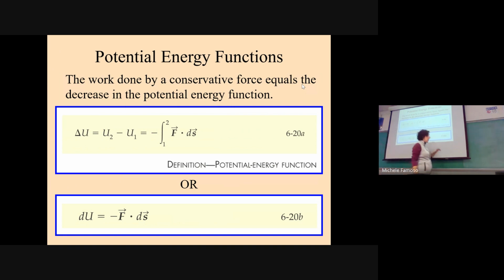Now, this is the way it's written in your text. I think on your reference table, if I do the algebra on this and solve it for vector F, what do you get? What is F equal to? Almost. That's solved for negative F. Solve it for F. Negative dU over ds.